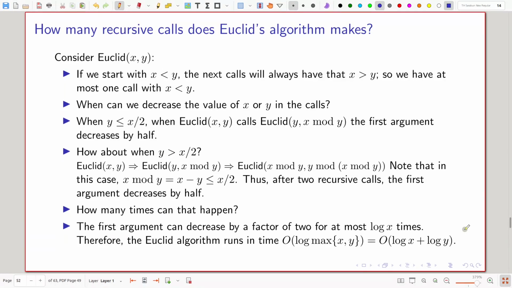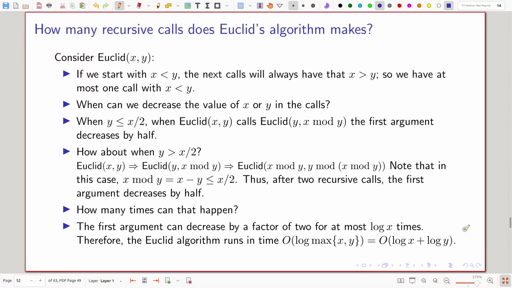It's the log of that number, log base 2. Log base 10 is how many times you can divide a number by 10 as long as it's larger than 1. So log base 2 is how many times you can divide the number by 2. The first argument can be decreased by a factor of 2 for log x times.